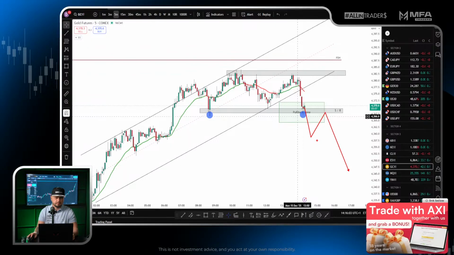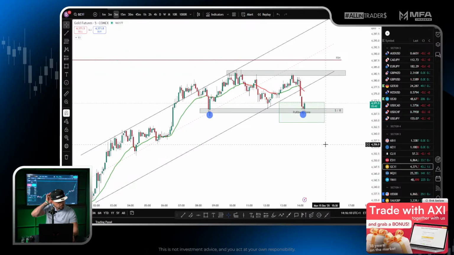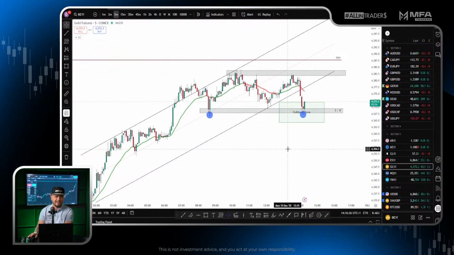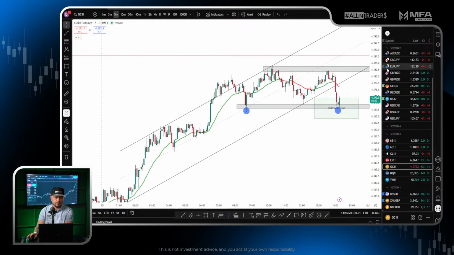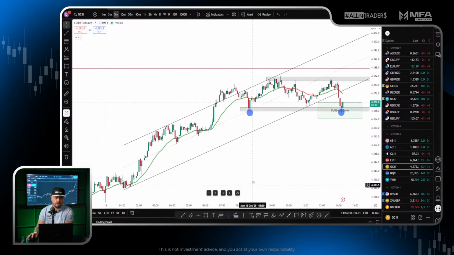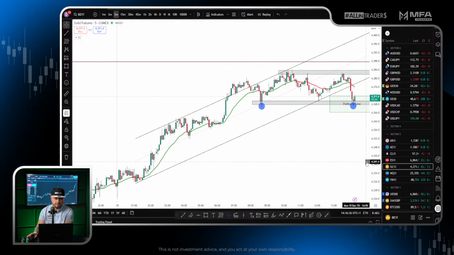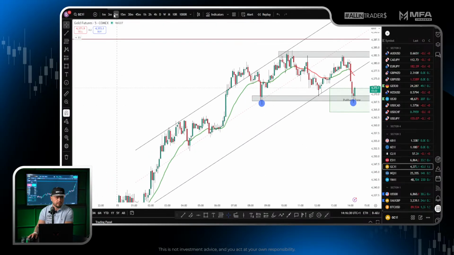Okay, so we need to see what's gonna happen here. We got nice reaction, but it's not the time for us to open the trade yet. We need some more information. Of course, we need to know which micro rotation we are in, if we are in bullish micro rotation or bearish micro rotation. That is quite important.